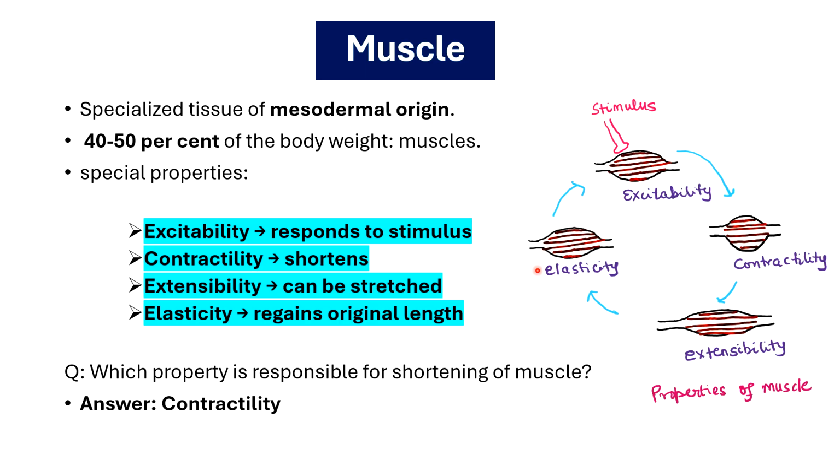And number four is elasticity. That means after stretching out, the muscles can regain their original length. So these are the four important properties of muscles. If you are asked which property of the muscles helps in shortening, the answer would be contractility, right?